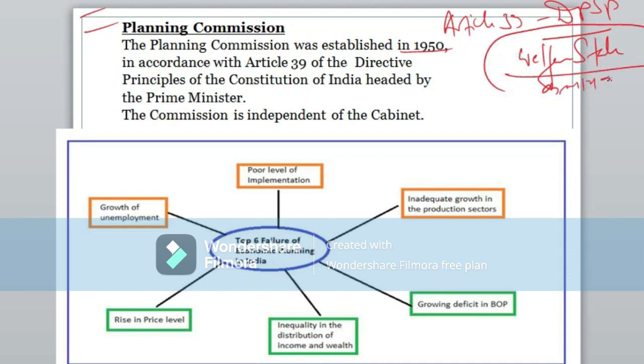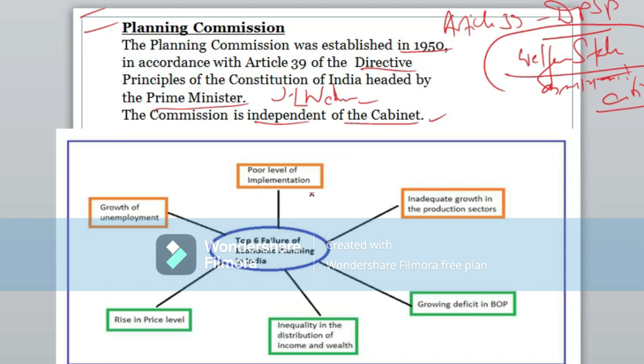To do the welfare of its citizen and people, and directive principle of state policy headed by the Prime Minister Jawaharlal Nehru. So Commission of Independent Cabinet put forward the policy and some measures that leads to economic planning.